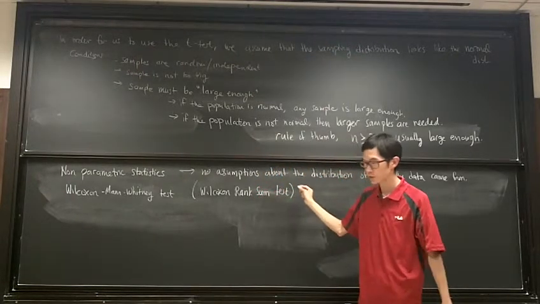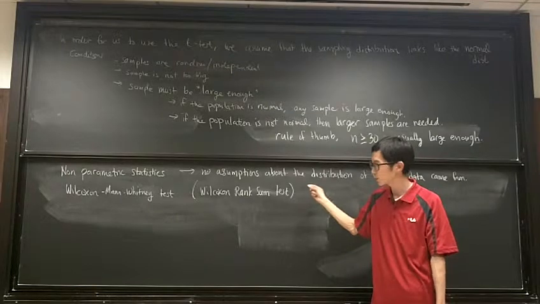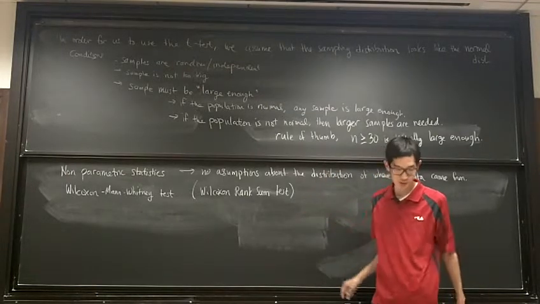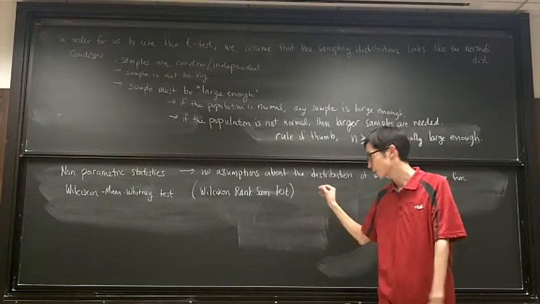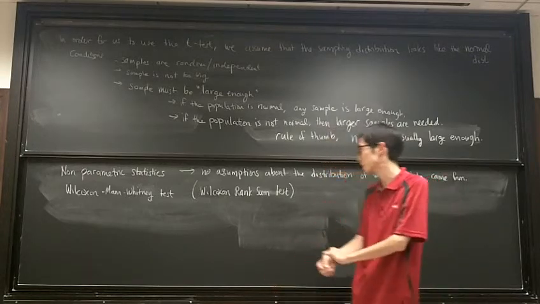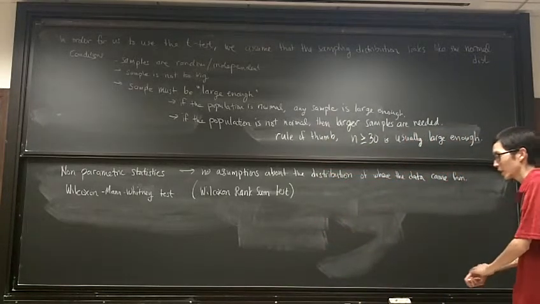The process for the Wilcoxon rank sum test is different, and you use a different set of tables and things like that. But whatever. Okay, Wilcoxon-Mann-Whitney test. This is what we can use.